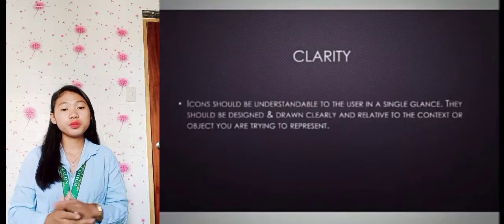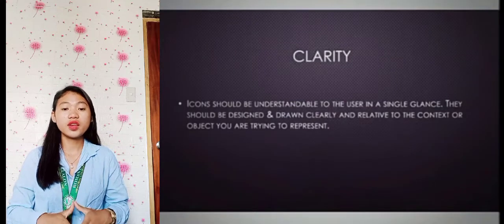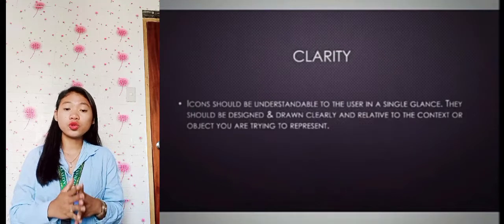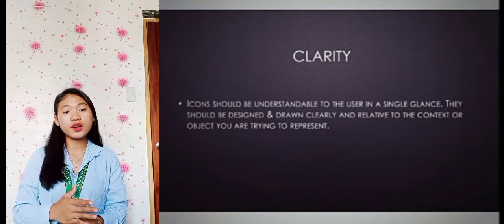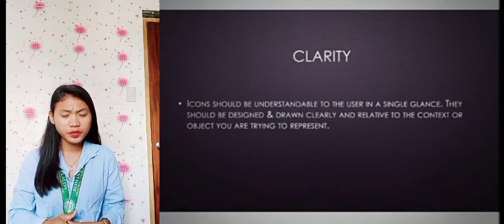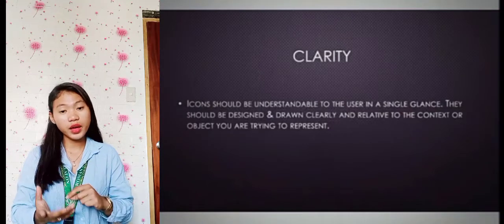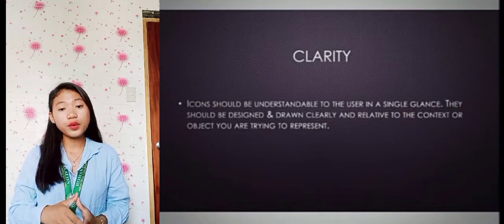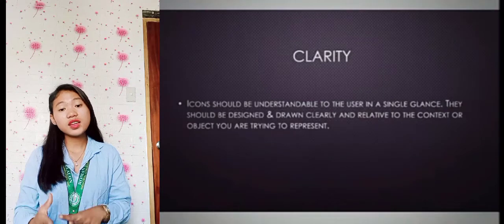Icons should be understandable to the users in a single glance. They should be designed or drawn clearly and relative to the contrast of the object you are trying to represent.